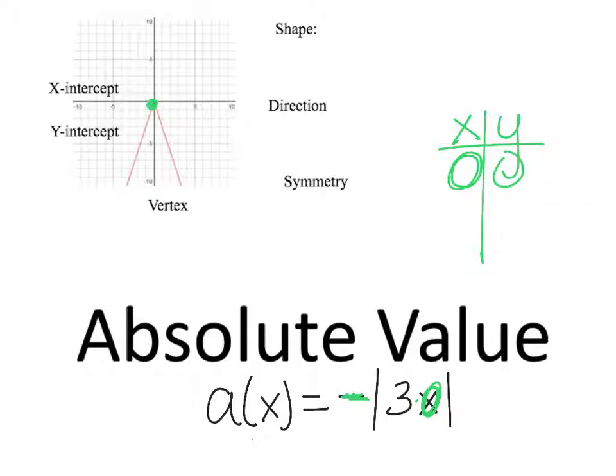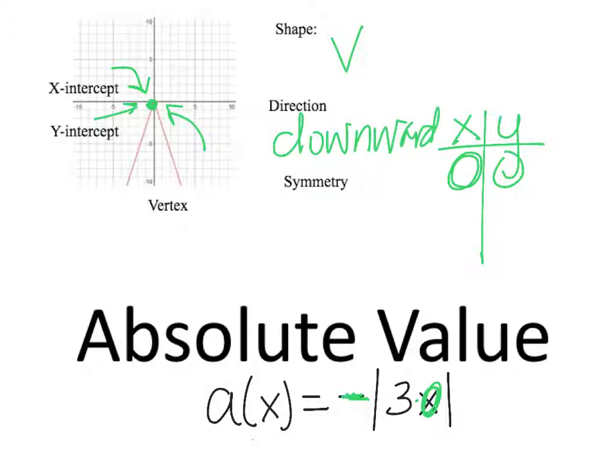There is our y-intercept. It's interesting, this one, the y-intercept, the x-intercept, and the vertex are all the same point. So these are all the same point, and then there's other points. But this shape is a V, and it's downward facing or negative. There's symmetry right here at the y-axis.